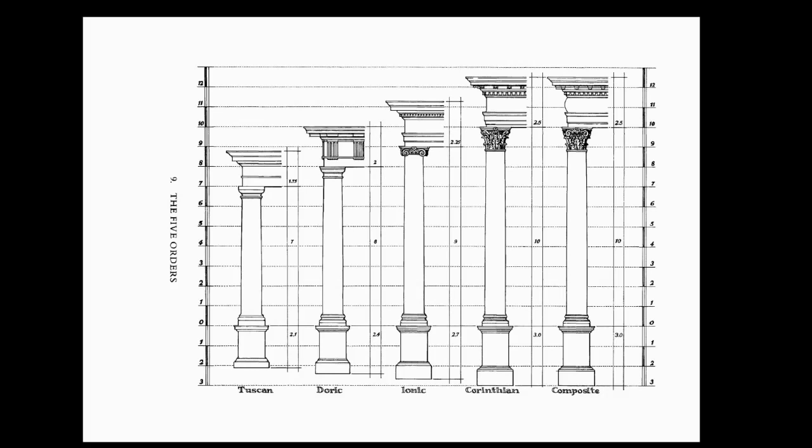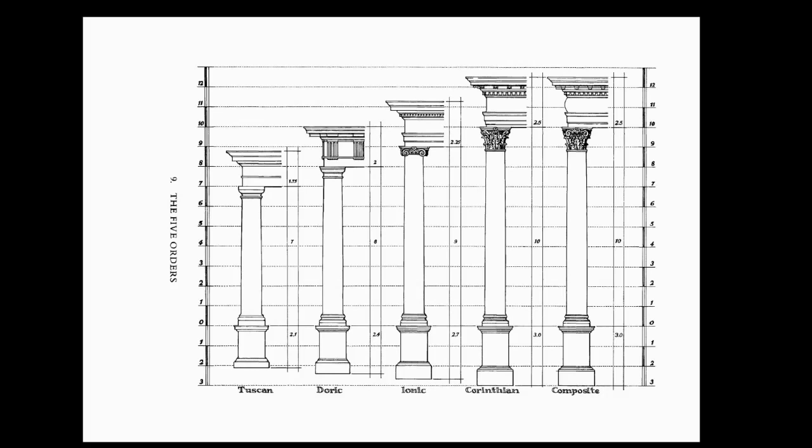The Corinthian is seen as the most elegant because it is also the slimmest column, with a proportion of 1 to 10. And then on the very left is the Tuscan order, which is not really an order, but a very simple form of a column that has a very simple entablature design on top as well.